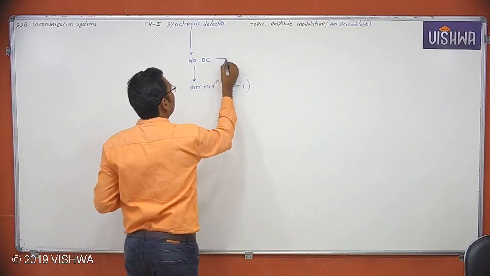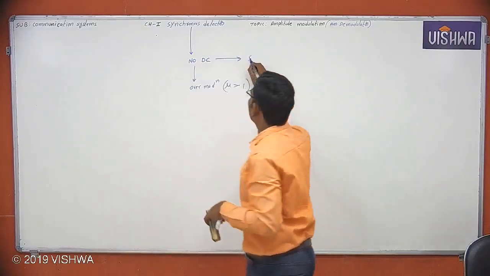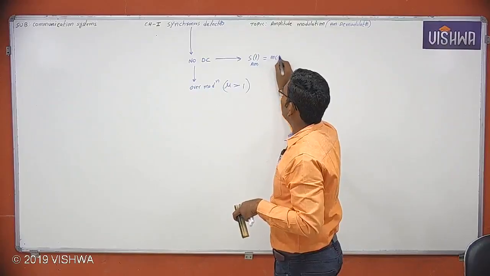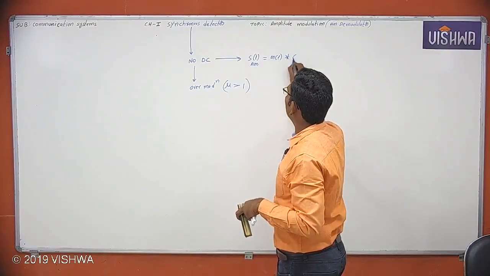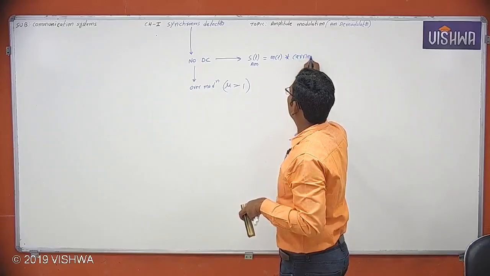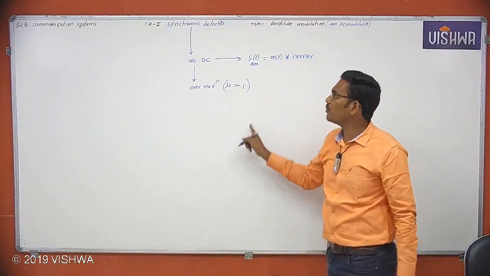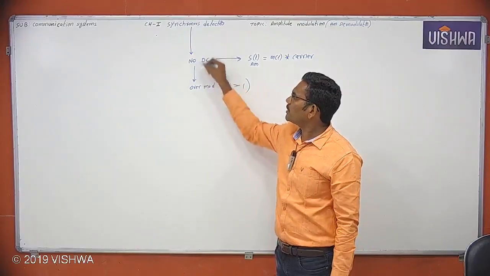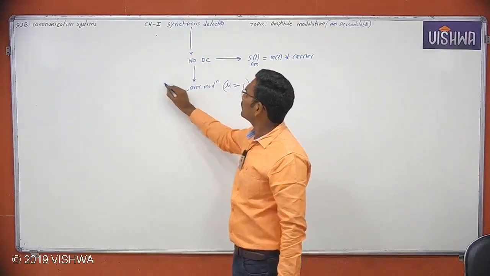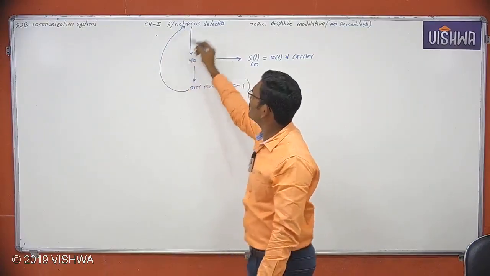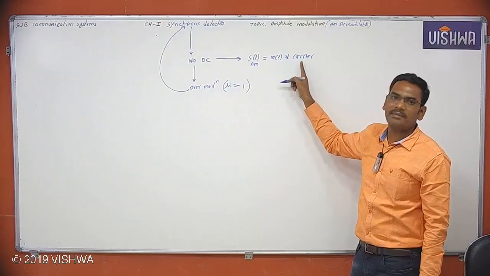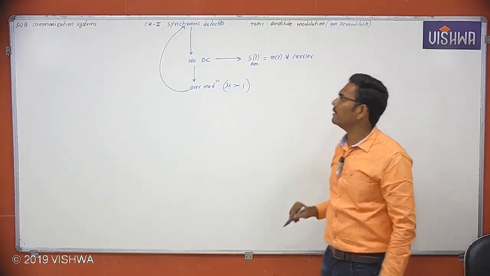If there is no DC, what is the modulated signal? The modulated signal is nothing but just the message signal multiplied with the carrier. So this is the AM signal. Okay, remember this point. No DC, over modulation, and that is possible with the synchronous detector. Over modulation means only synchronous detector. No DC means the modulated signal is nothing but the message signal multiplied with the carrier. That's it. Okay.